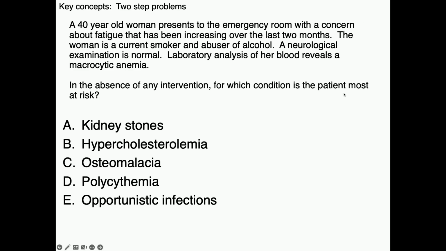And shown here, same question, basically just one different answer: opportunistic infections. This could be due to a lack of lymphocytes because the lymphocyte precursors, T cells and B cells, are not there. So you can get a lot of mileage out of the same concept.